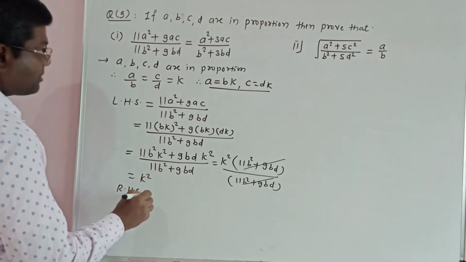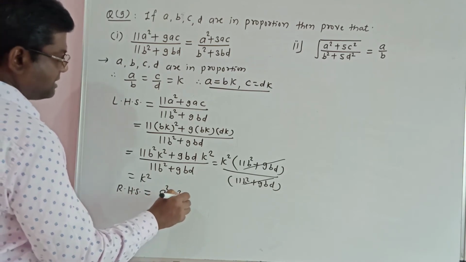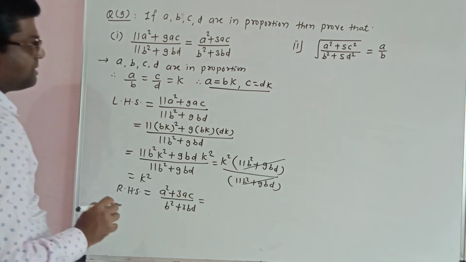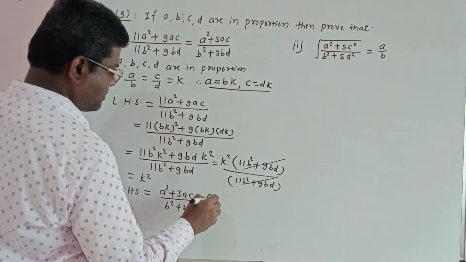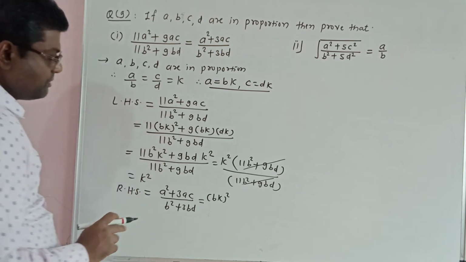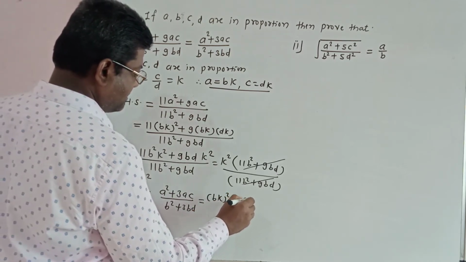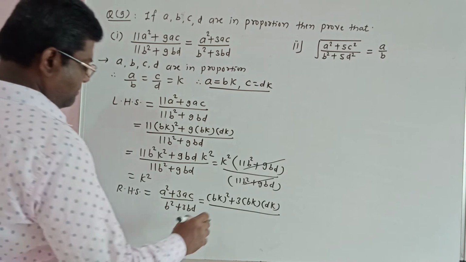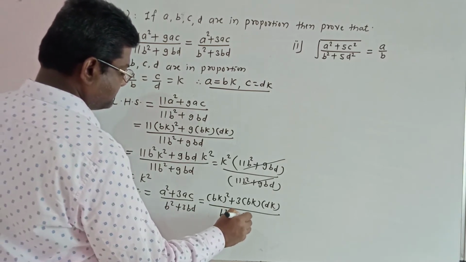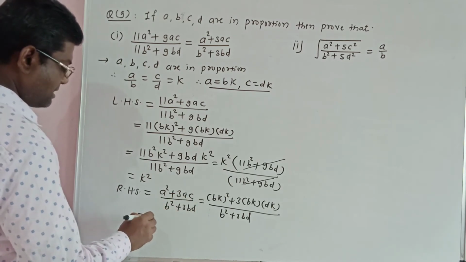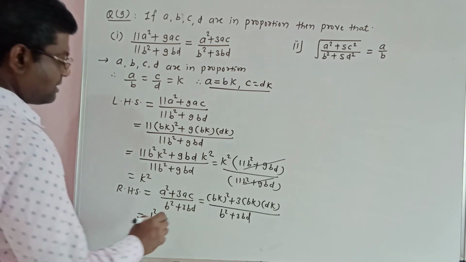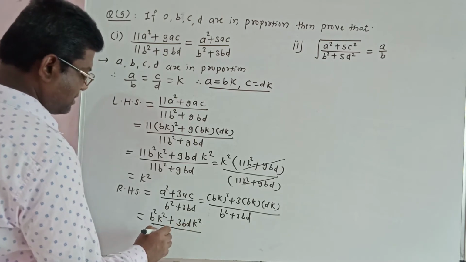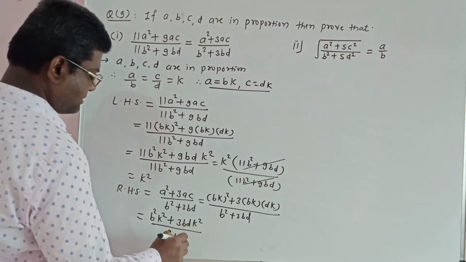Now RHS is equal to (a square plus 3ac) upon (b square plus 3bd) is equal to, a is bk, therefore bk square, plus 3 into a is bk and c is dk, upon b square plus 3bd, is equal to b square k square plus 3bd into k square upon b square plus 3bd.